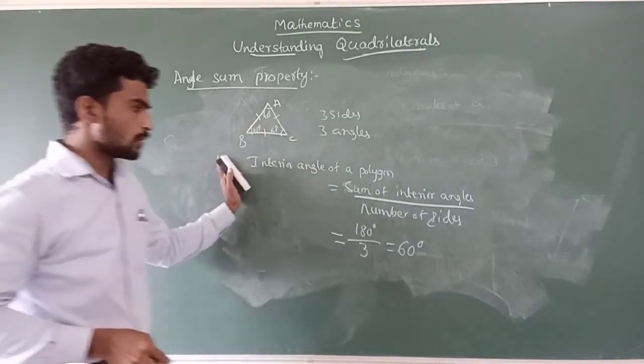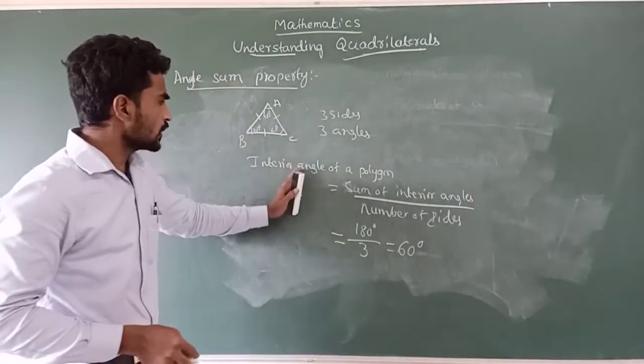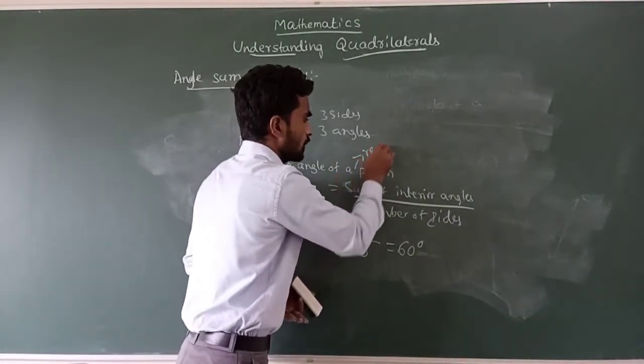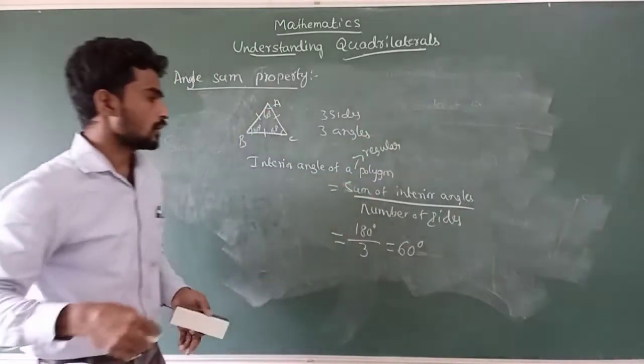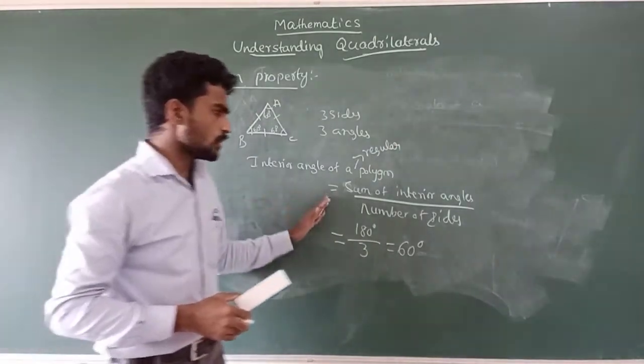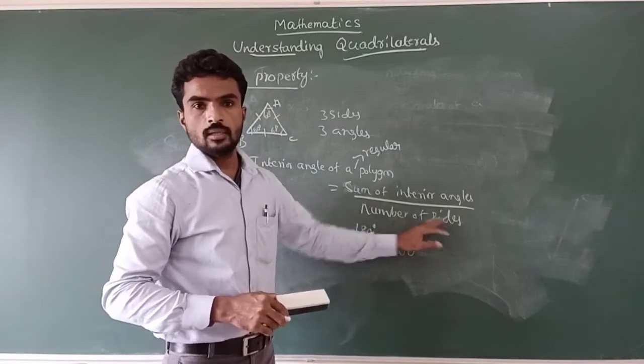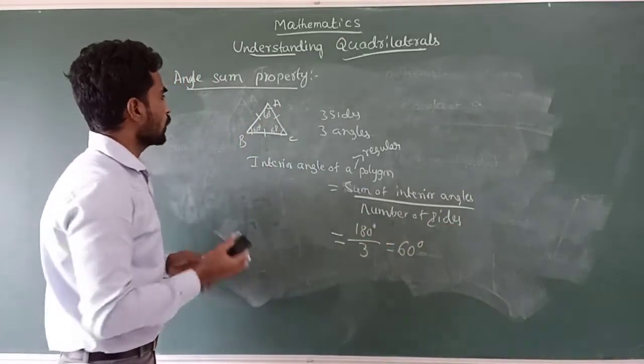This is the general formula to find out the interior angle of a regular polygon, that is equal to the sum of interior angles divided by the number of sides. This is one of the important properties.